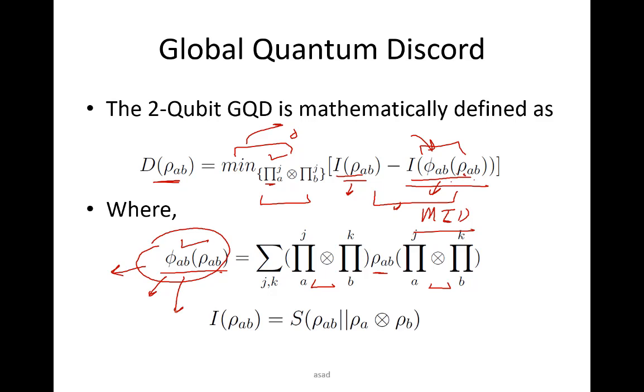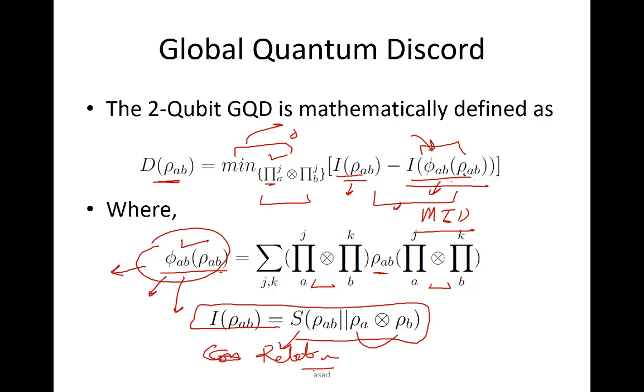If you have phi of AB, then you can find phi of A by taking the trace over B. Similarly, you can get phi of B by tracing over A, and then you will find the cross product of rho A and rho B, and then you will calculate this relative entropy. This is not conditional entropy, this is relative entropy. So this relative entropy without measurement gives you I of AB, and after making measurement you will get phi of A, phi of B, and phi of AB.